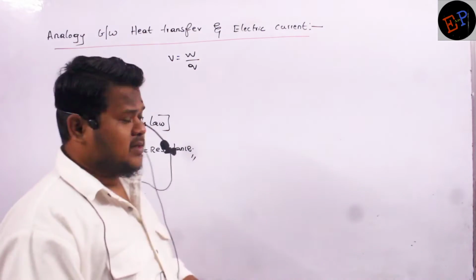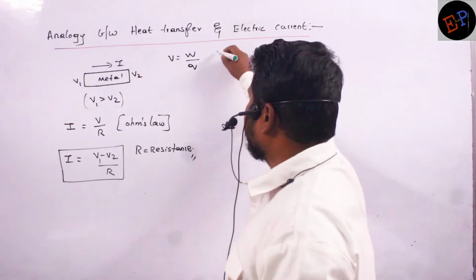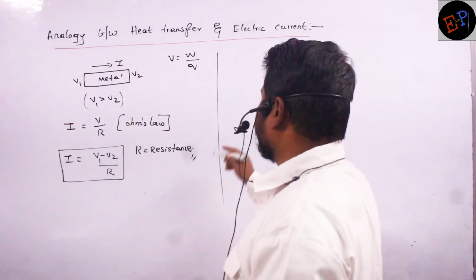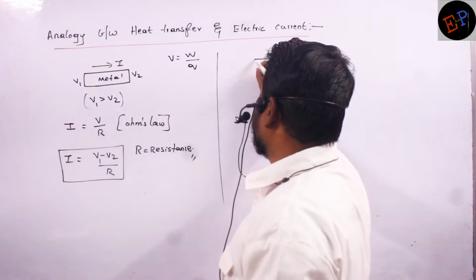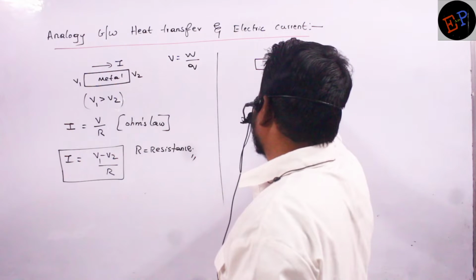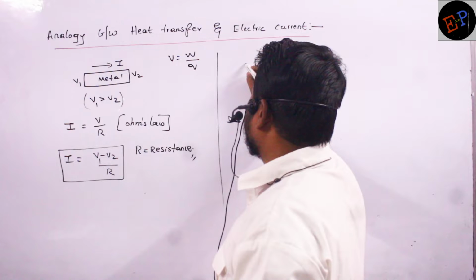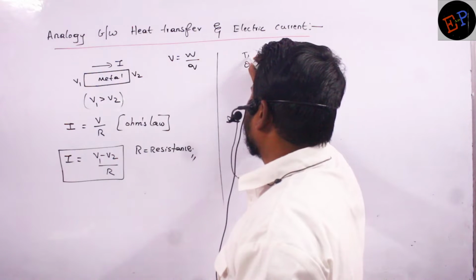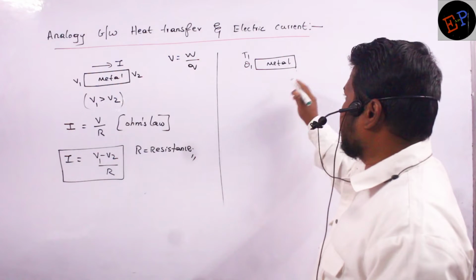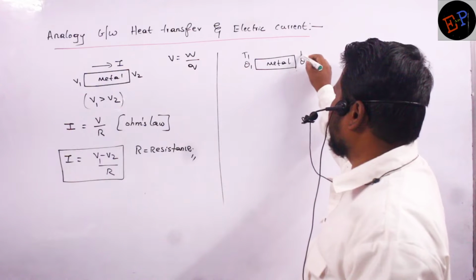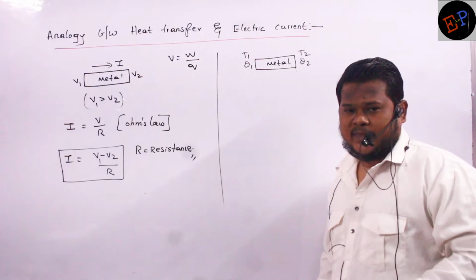Similarly, now I will write the analogy of this in terms of heat conduction. Here also I am taking a piece of metal. Here the temperature is theta 1, or you can call it T1, and at the other end the temperature is theta 2, or T2.